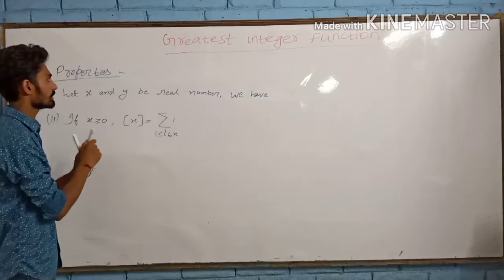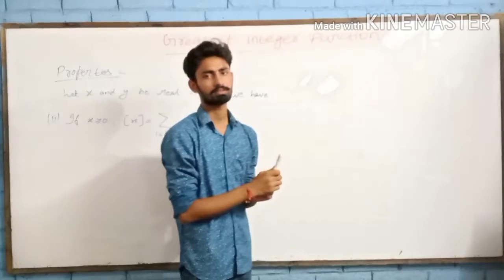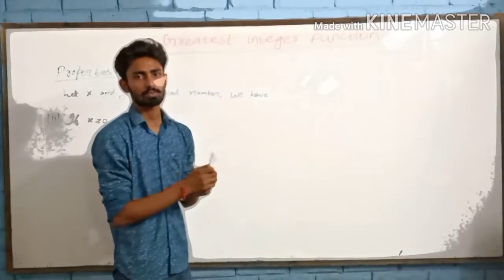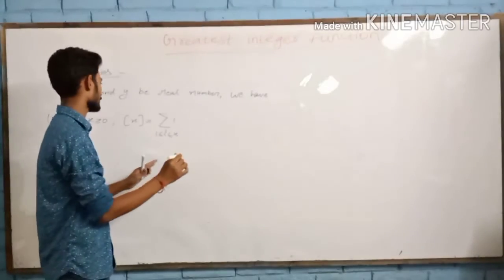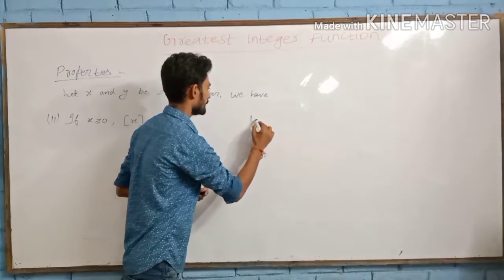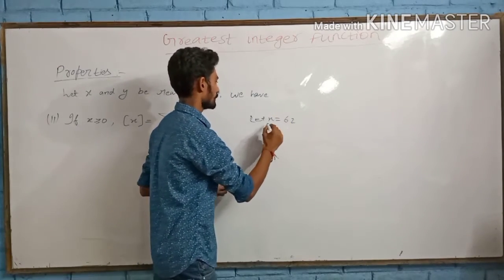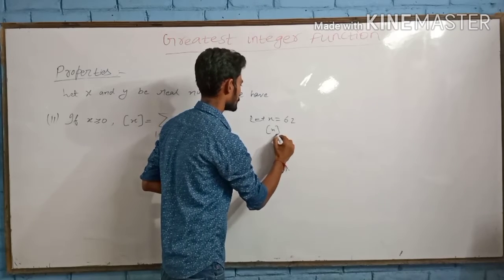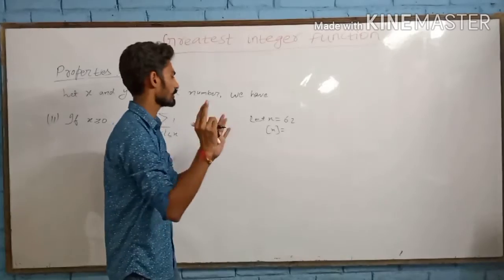It is another definition of greatest integer function. For a real x, the count of integers between 1 and x is the greatest integer function. It means, for example, let x be 6.2. So box x is the count of integers between 1 and 6.2.